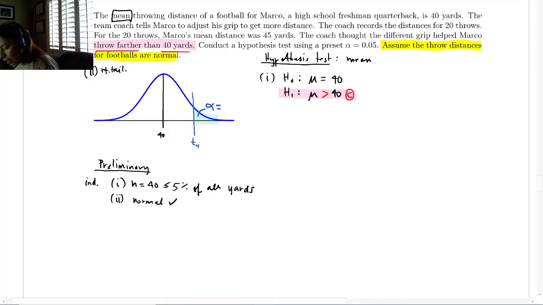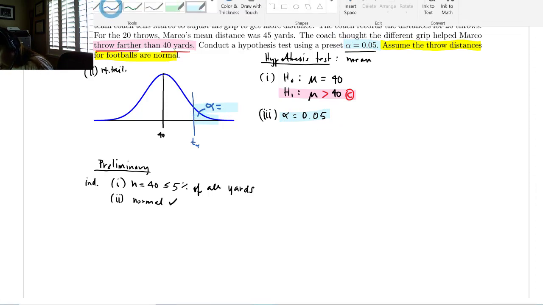So step 3, let's identify the alpha. The alpha is given to us as 0.05. That means the area in this tail is 0.05.